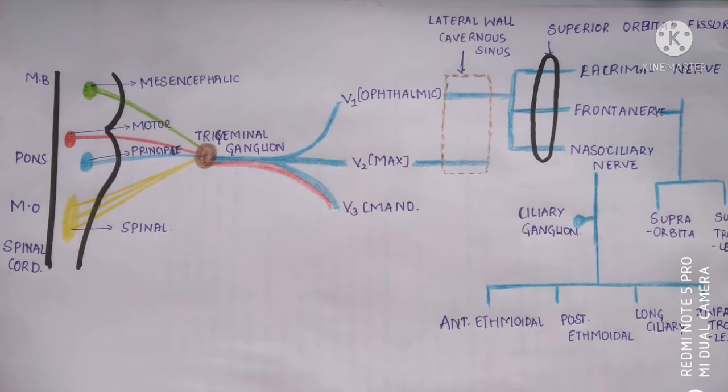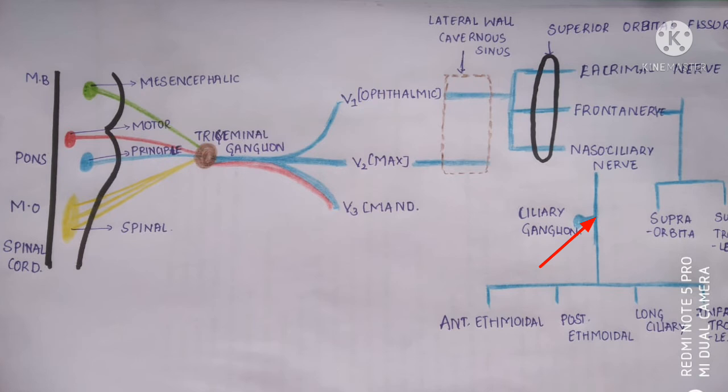Nasociliary nerve is further divided into 4 branches: anterior ethmoidal nerve, posterior ethmoidal nerve, long ciliary nerve and infratrochlear nerve. There is a ganglion which hangs from the nasociliary nerve, which is the ciliary ganglion.